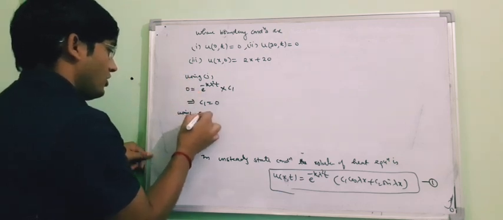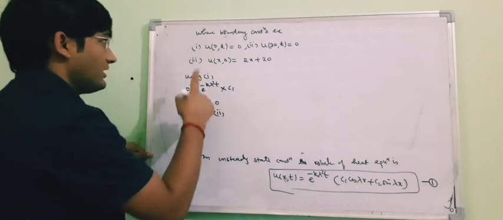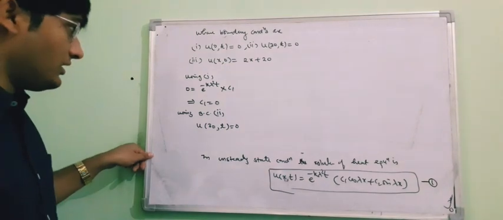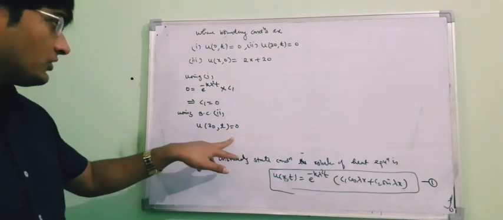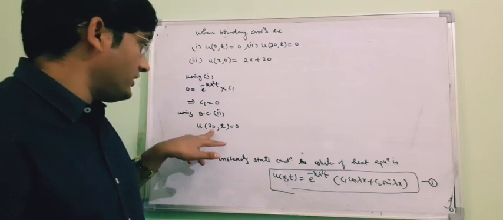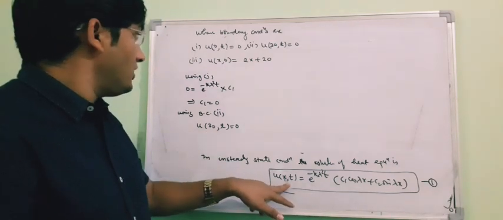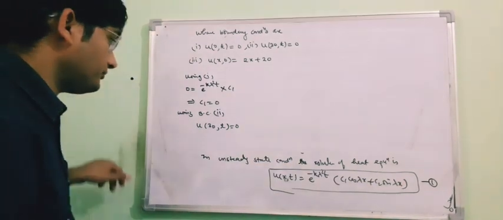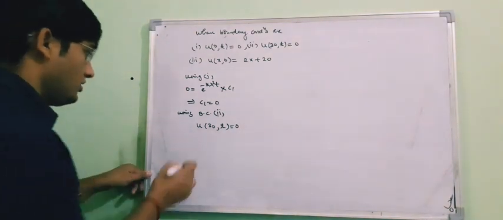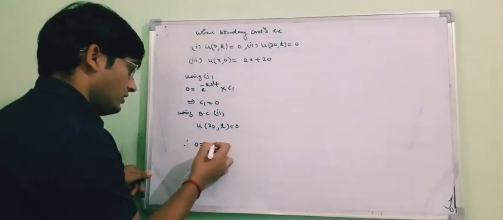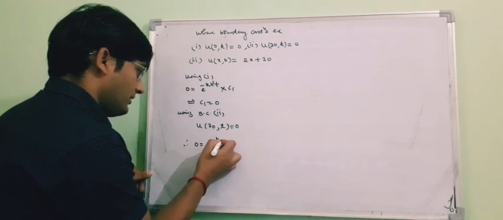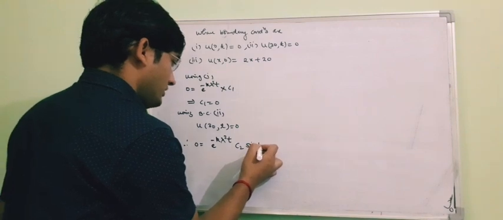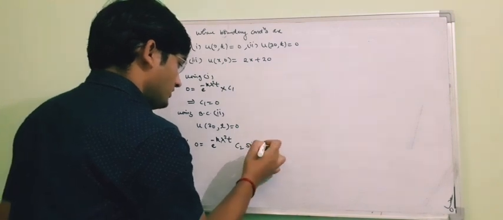Now using the second boundary condition, when the length of the rod is 30 and the temperature at the point B is 0 degrees. If you put x equal to 30, the left hand side is 0, C1 is already 0, so we have C2 sin 30 lambda equal to 0.